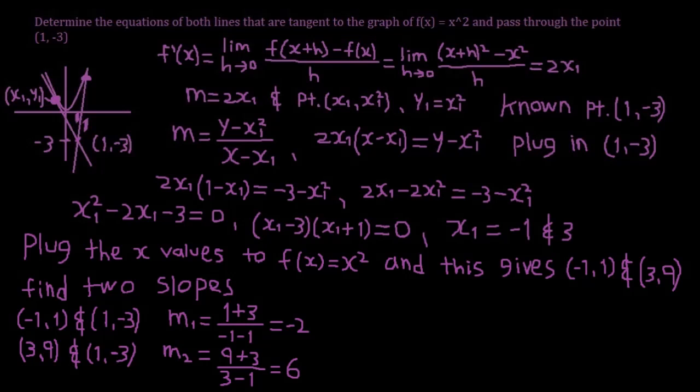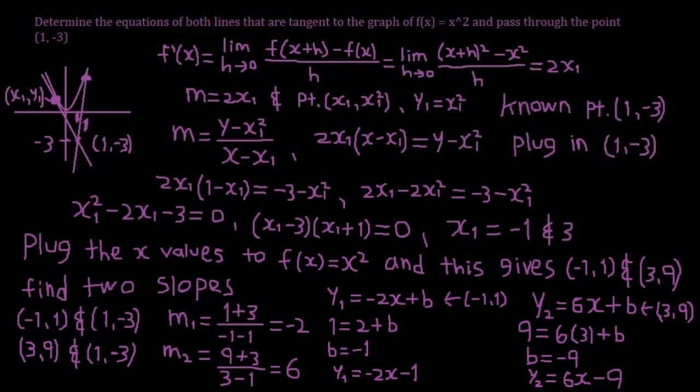So for the 2 points, you have to make the slope out of the (-1, 1) and (1, -3). It gives you a slope value of -2, and then you also have the point (3, 9), and of course with (1, -3) it gives you a slope of 6.